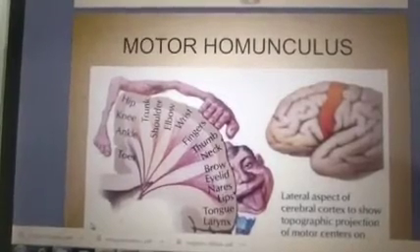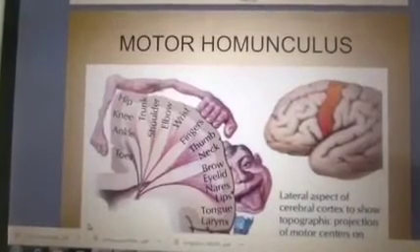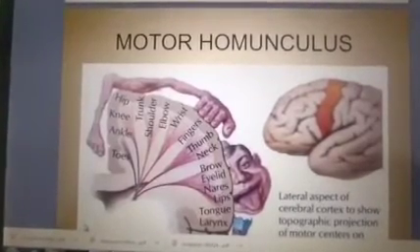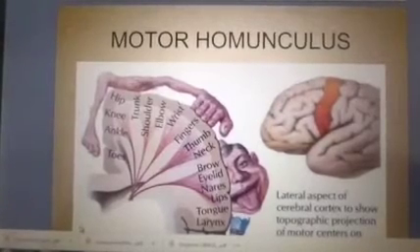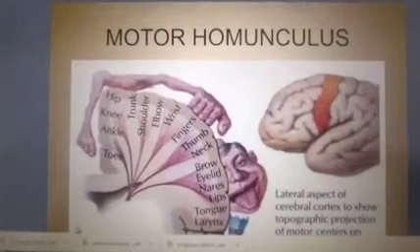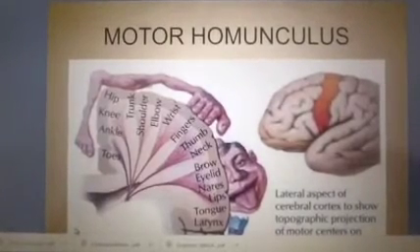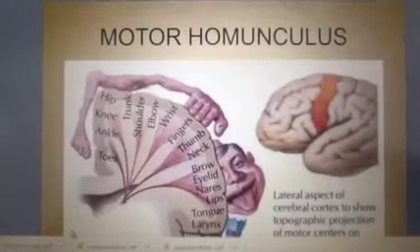The area for the fingers or the wrist is more compared to the ankle and knee, even though the knee, ankle or hip are major areas, because the homunculus is distributed on the basis of work, on the basis of the different movements possible.